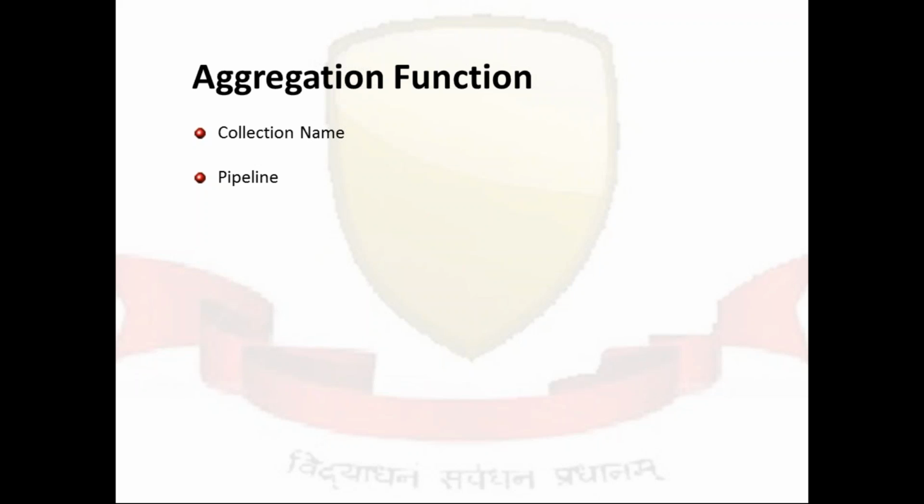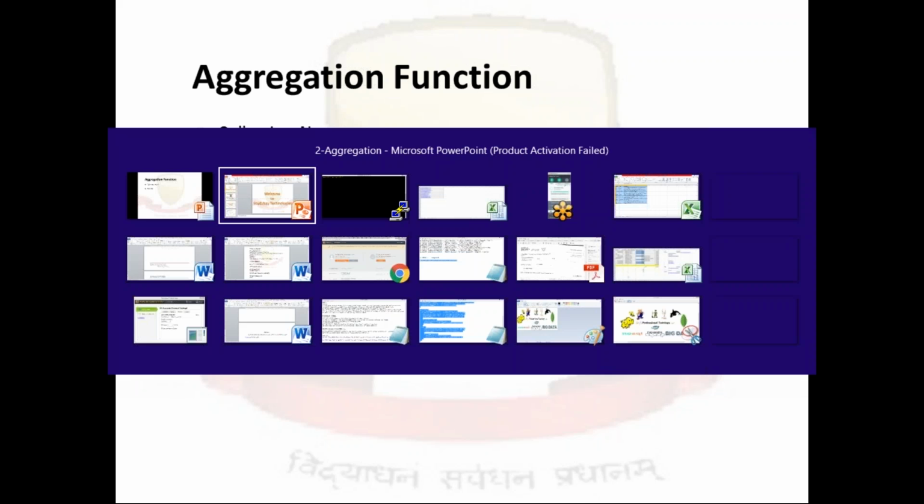Now there is something called the aggregation function. In order to achieve aggregation, we use the aggregate function within MongoDB. And the syntax for the same, let me take out my notepad.